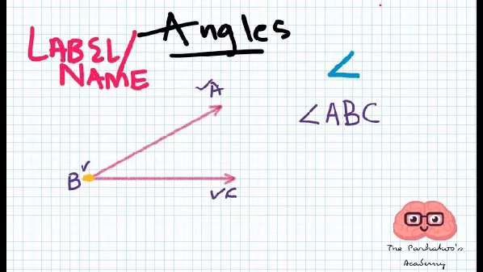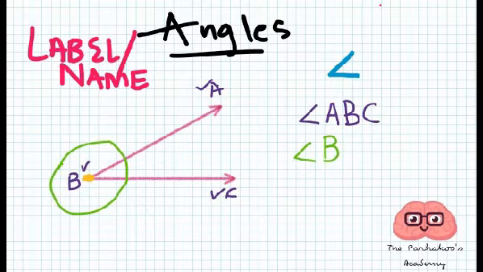We can also name it by using only the vertex point, like angle B, because B is the point where the angle is formed. The third way is you can name an angle by using a small letter, like angle a.